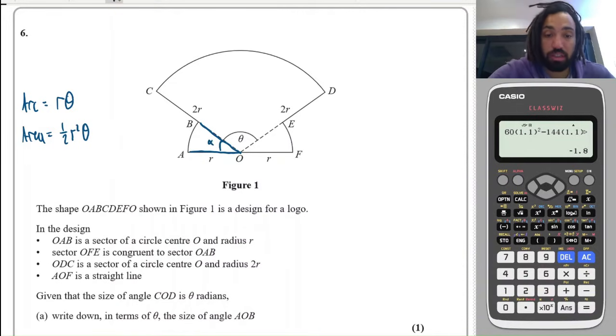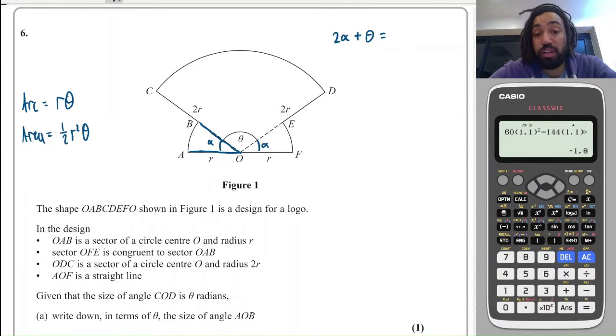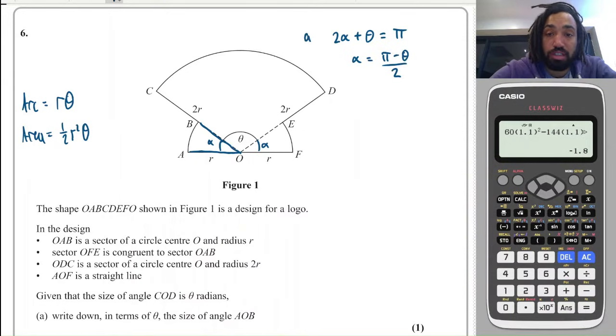Let's call it alpha. And by symmetry, this also must be alpha. So we can see that 2 alphas plus theta will equal 180 degrees, but in radians, that is pi, because pi is 180. So to find alpha, we need to subtract theta and then divide by 2. So that is the answer for part A.